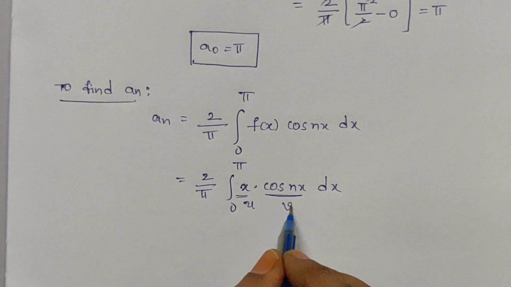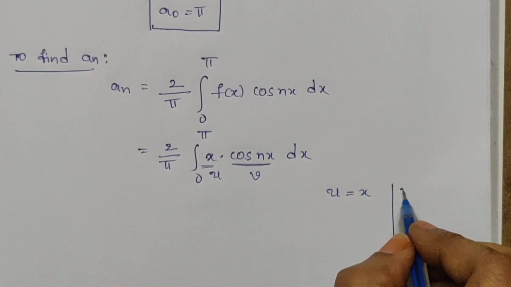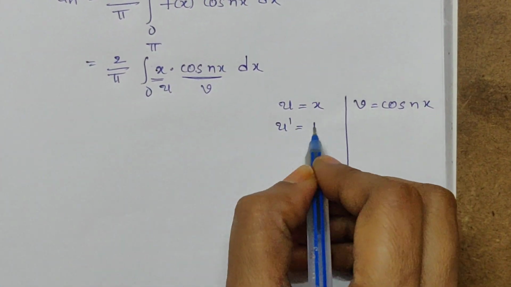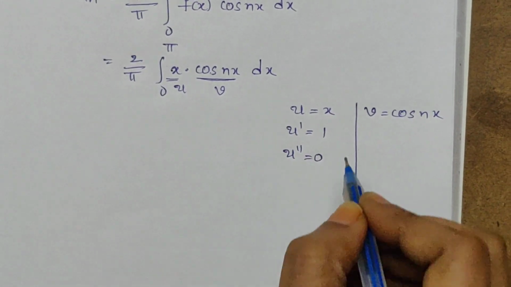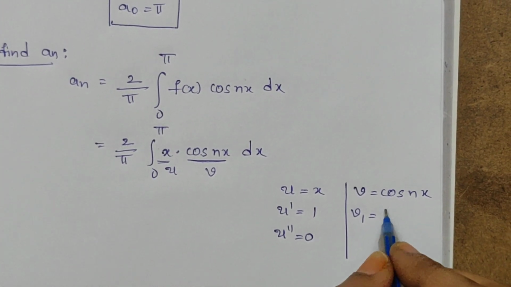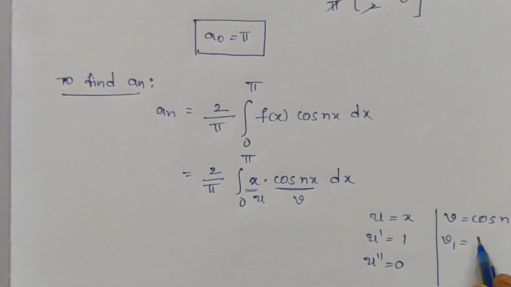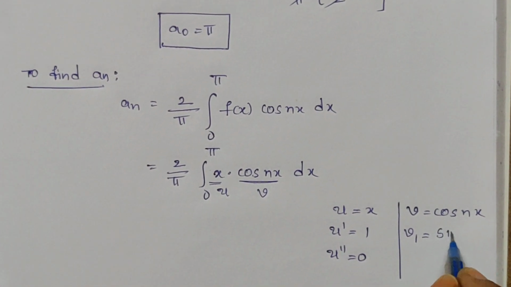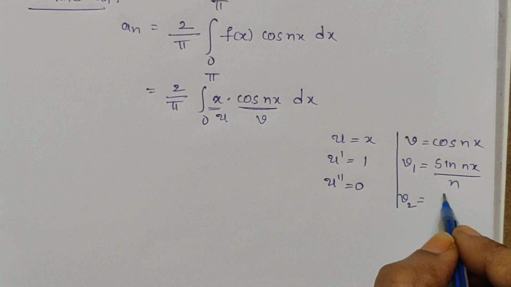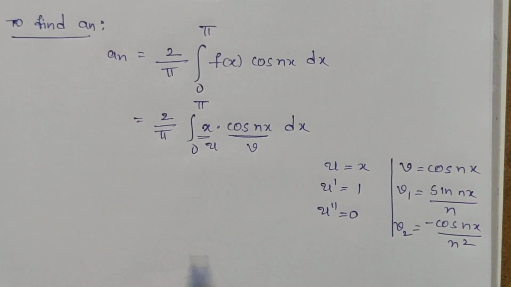For that, choose the algebraic term as u, that is let u equal to x, and v equal to cos nx. For u, do the derivatives: u dash is 1, u double dash is 0. For v, do the integrations: v1 equals the integral of cos nx, that is sine nx by n. v2 equals the integral of sine, that is minus cos nx by n square.